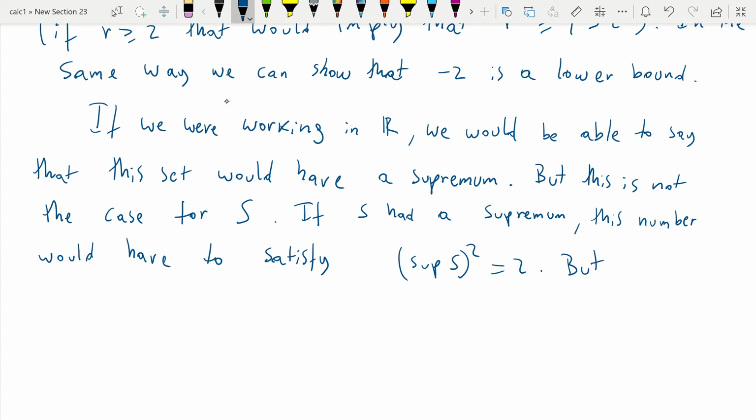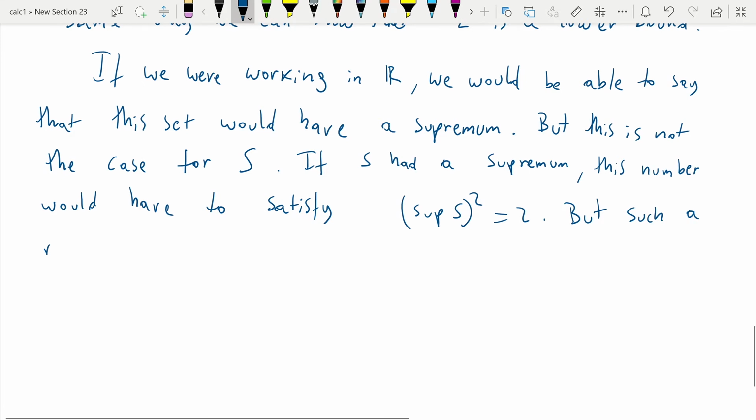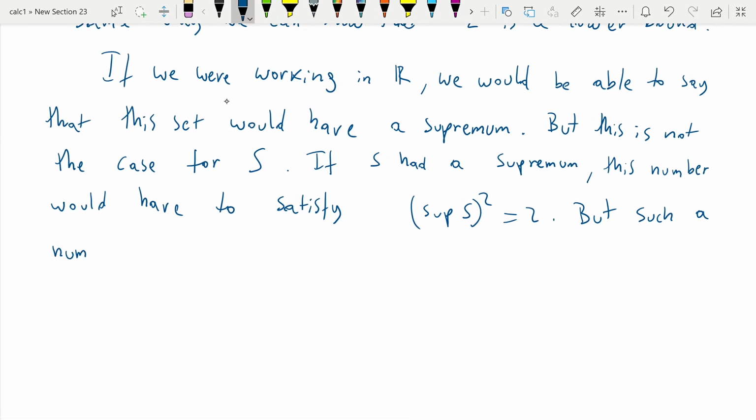But such a number cannot be a rational number, right?